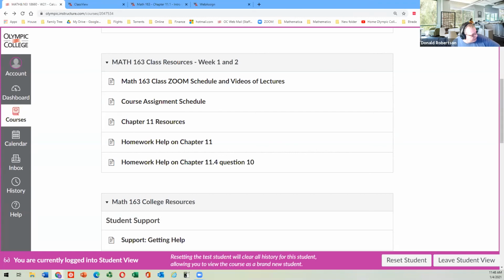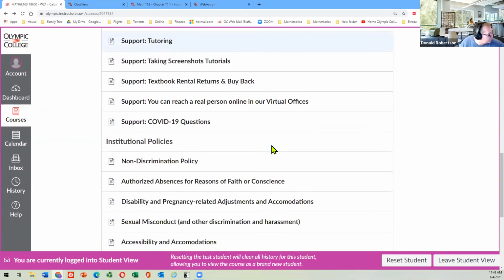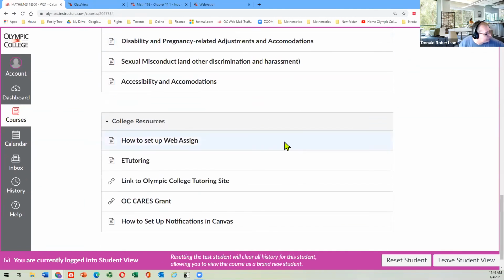There are links to e-tutoring, I believe, on the front Canvas page, the one that you go into before you go to my class. Is it on the left-hand side? I think it's on the left-hand side. You also have it in college resources. If you look at college resources, you'll find a link to that.